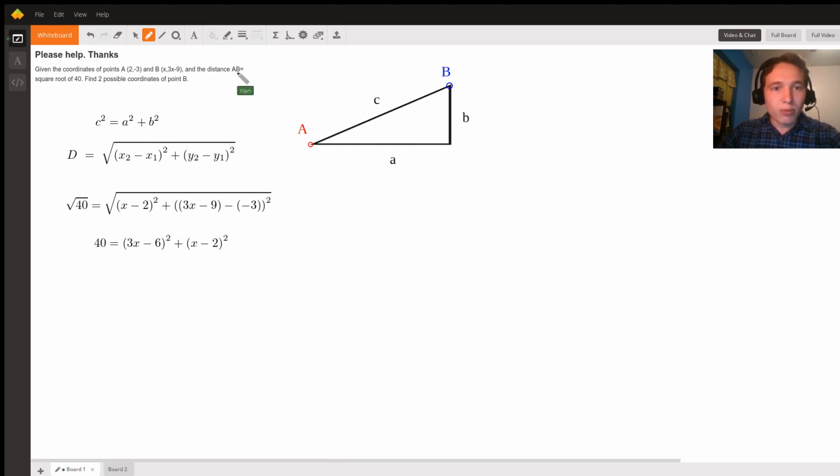Now here in the problem, we know that the distance between them, AB, is the square root of 40. So I have that written out here. This is just all these values plugged into the distance formula.